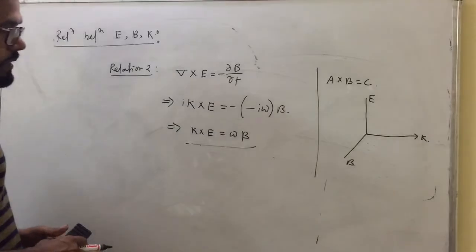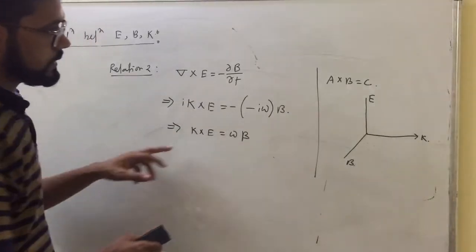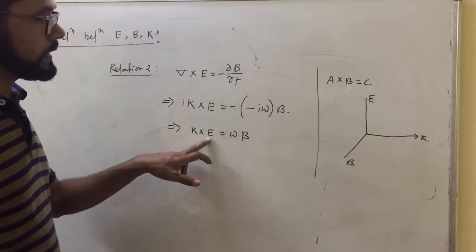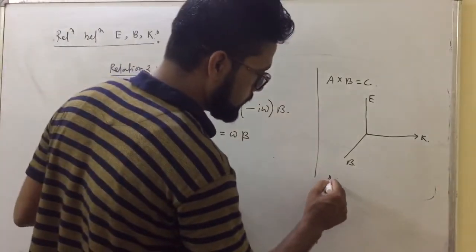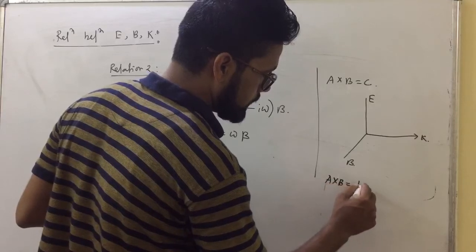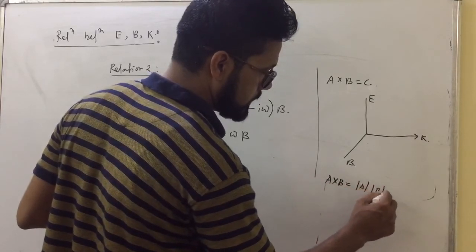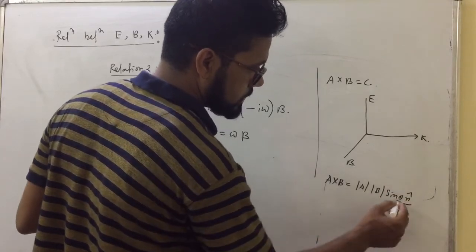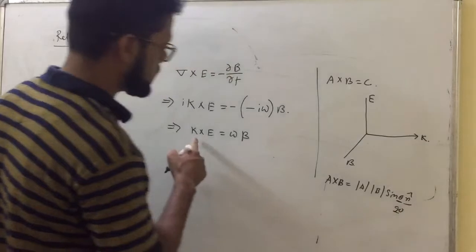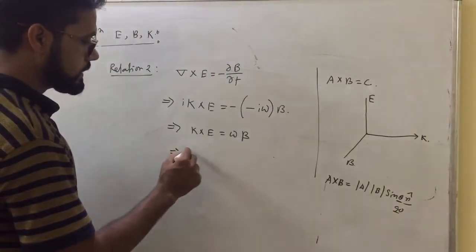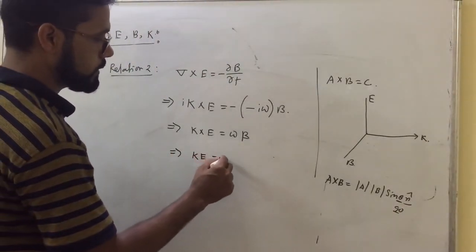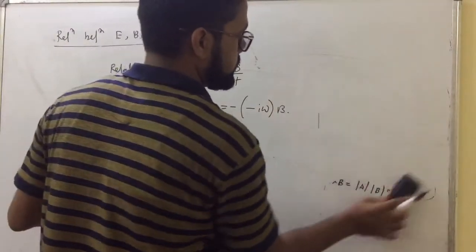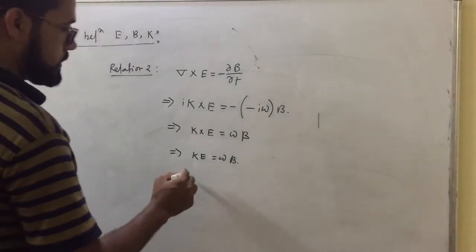I have already derived that k is perpendicular to E. That means the angle between k and E, because of this formula you know, A cross B equals magnitude of A, magnitude of B, sine theta, n cap, the unit vector, is 90 degrees, because they all are perpendicular. I simply write kE in magnitude form as omega B. So what is the meaning of this equation?